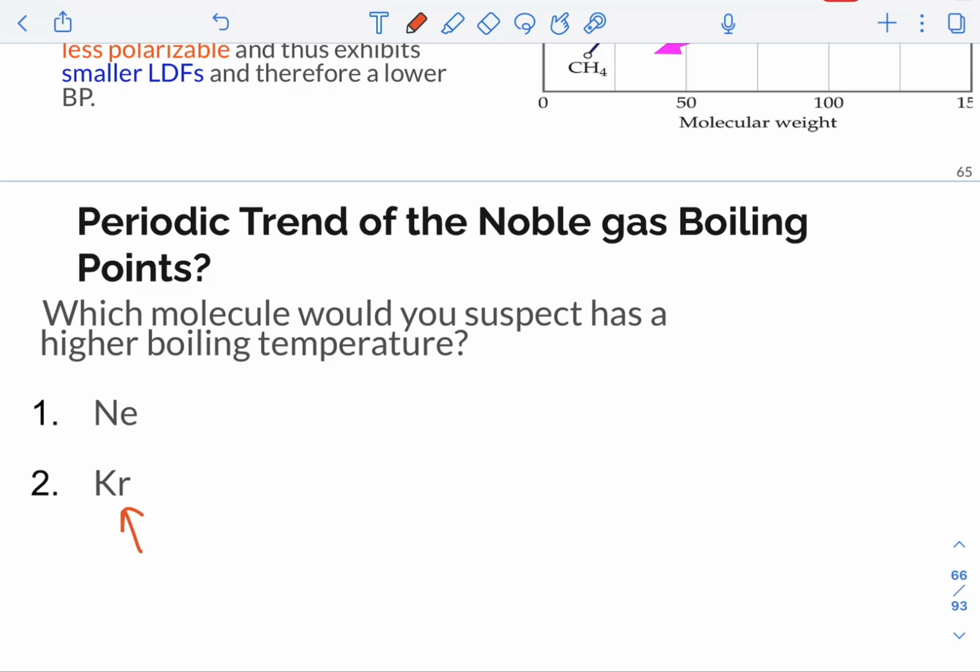As we go down the group of noble gases, the atoms will get bigger. Krypton has a bigger atom, so it's more polarizable. It's more polarizable because it has more electrons, bigger electron cloud, stronger LDF. And if you look up the values for boiling point, you will see that krypton has a higher boiling point. It is negative 153 degrees Celsius, where neon is negative 246 degrees Celsius.